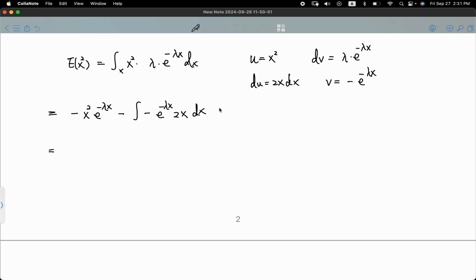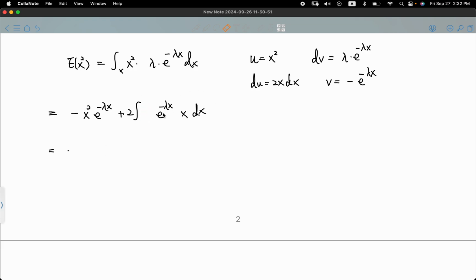Okay, so let's further evaluate this integral. Actually, let's see. This part is something that we already did. So let me bring the 2 in the front, and also let me change the plus here.